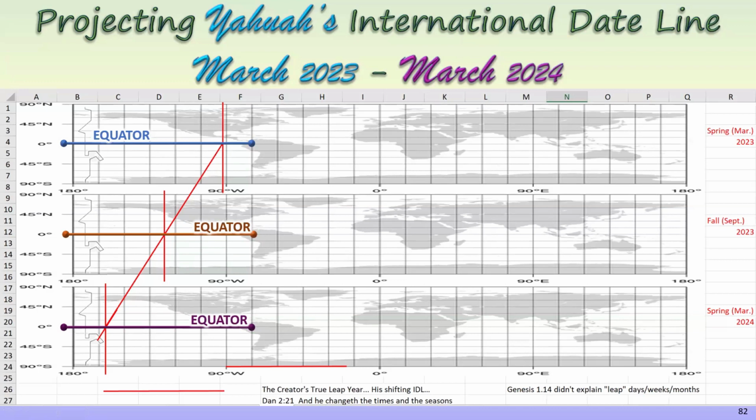So yeah, I just wanted to, Charlene put a picture like this together in one of her other presentations, maybe the one she went over last week, but it's just such a good way of doing this to see the progression of the Creator's International Dateline. And so what we got here out to the right is just the timestamps.